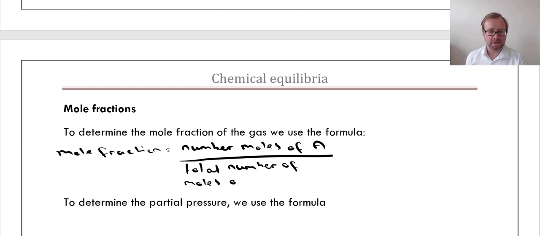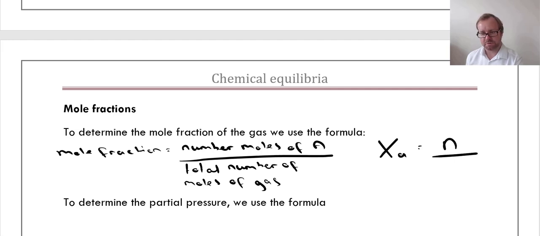All I'm assuming is that A is a gas, and we can use a notation for this. So for my mole fraction, I would write XA, if it was B, XB, C, XC, over my N of A, my number of moles, over my total number of moles.